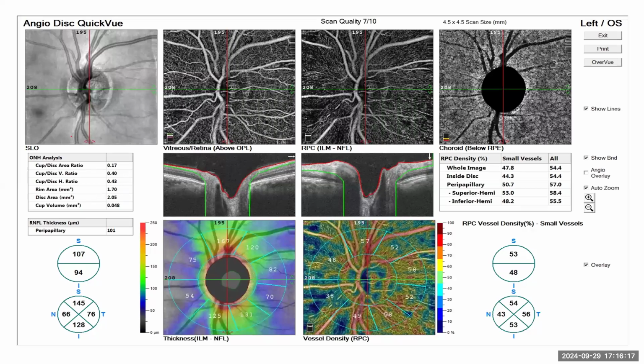If you go to the particular quadrants, inferior, superior, nasal, temporal, the distribution is almost similar, but it's a bit higher than expected for that age, right? No, because it's not higher; 53 is for a 41-year-old. The normal is 52 plus or minus 4.